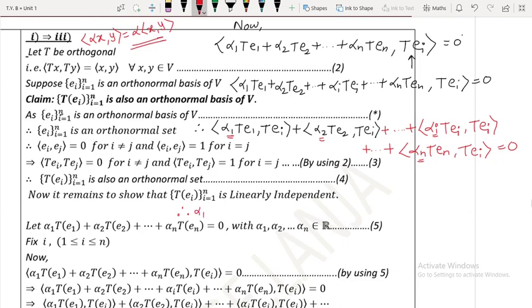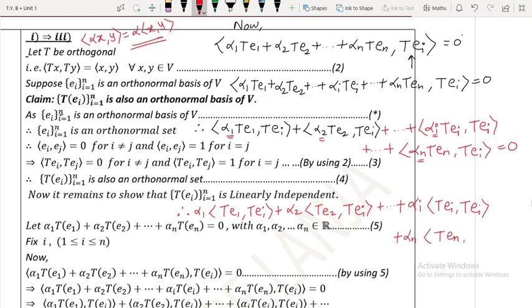So what we'll get here, alpha 1 inner product of T of e1 with T of ei plus alpha 2 inner product of T of e2 with T of ei plus so on. This will be continued, plus alpha i inner product of T of ei with T of ei plus alpha n inner product of T of en with T of ei is equal to 0.